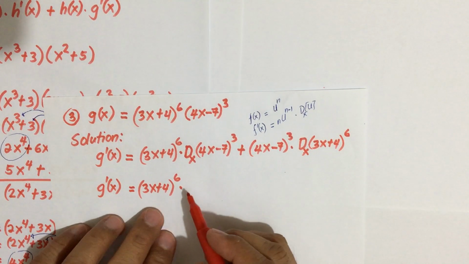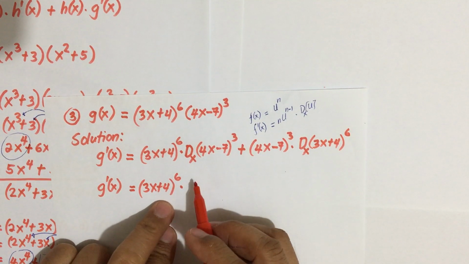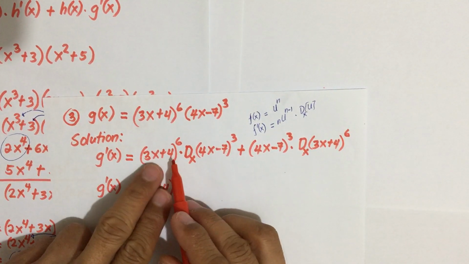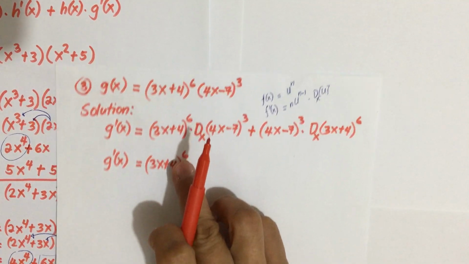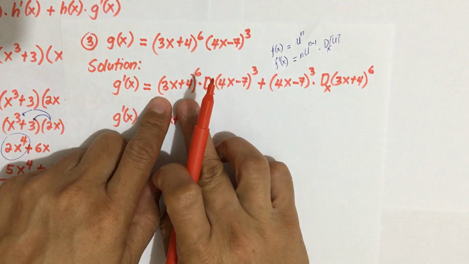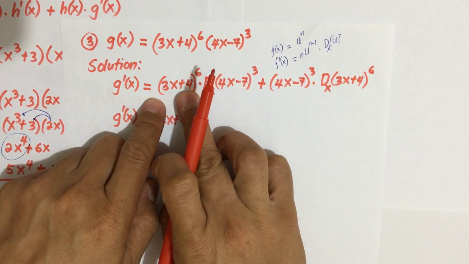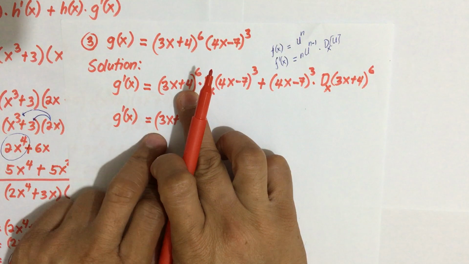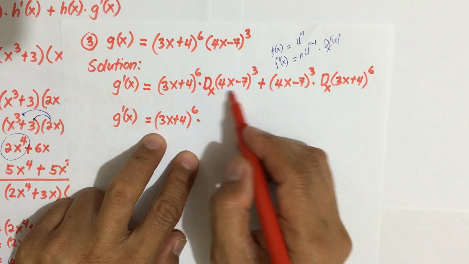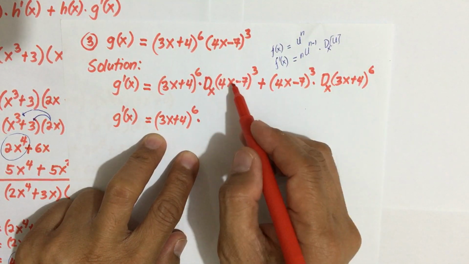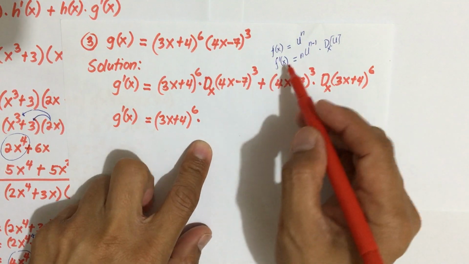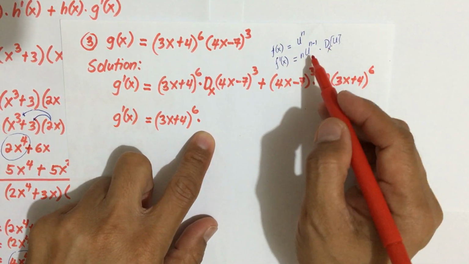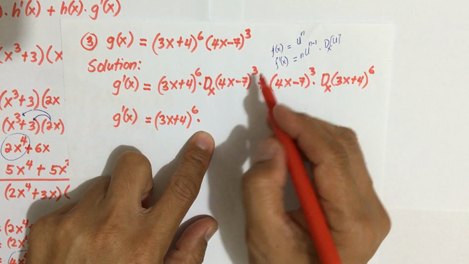Okay, so for the first term, we're not yet getting the derivative here. We just copy this one from the formula, and then we'll take the derivative of this part here. Using the general power rule, the power will go down.